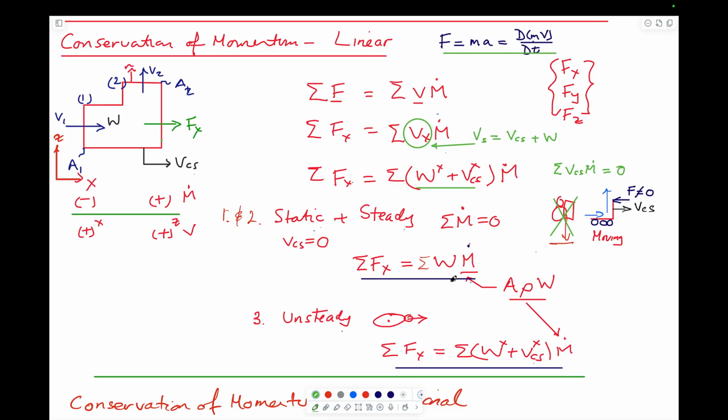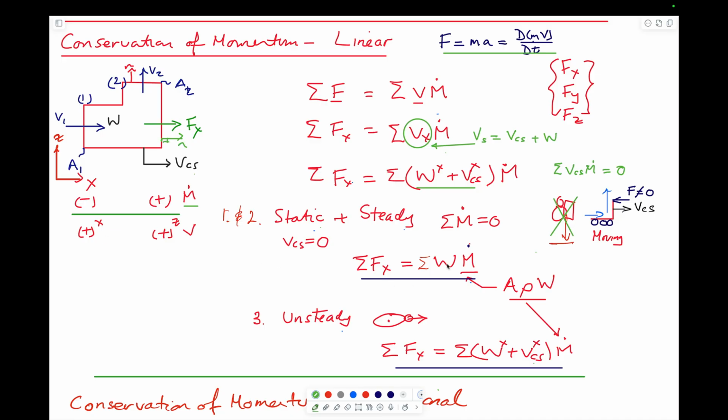You have to remember your sign conventions. So velocities and forces would be positive in the positive coordinate directions. Mass flow rates out of the system would be positive and into the system negative, because of the alignment of this with the outward normal.